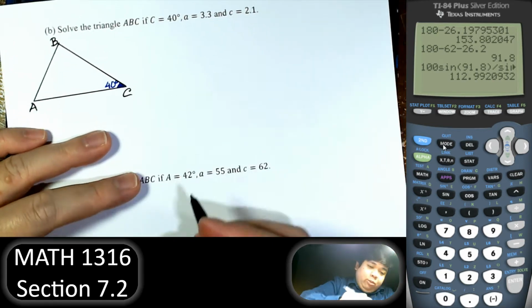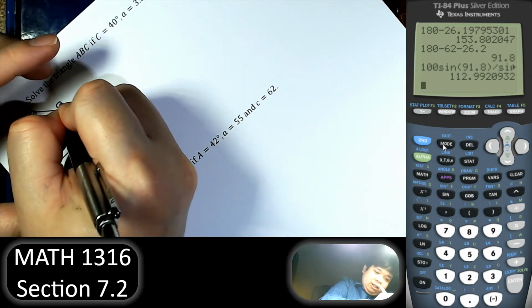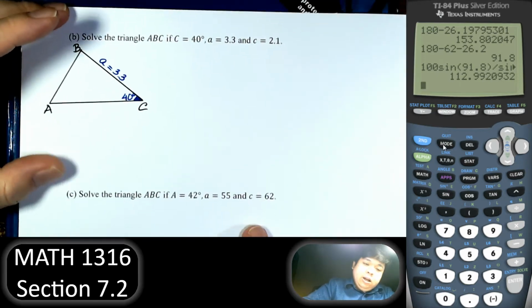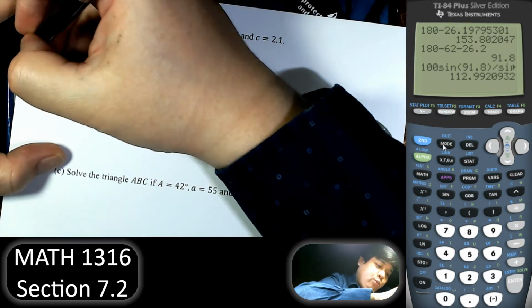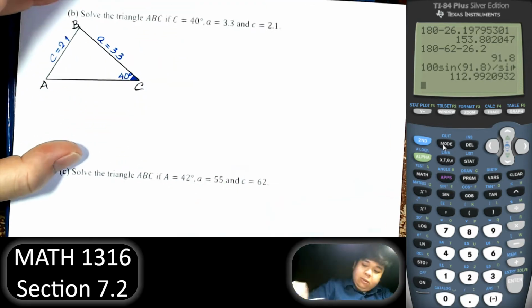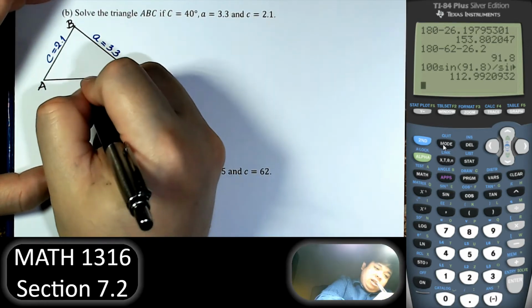Side A is 3.3. And side C is 2.1. But we don't know side B.